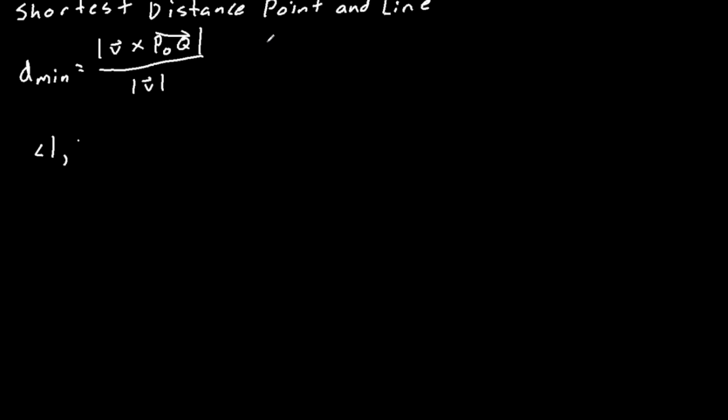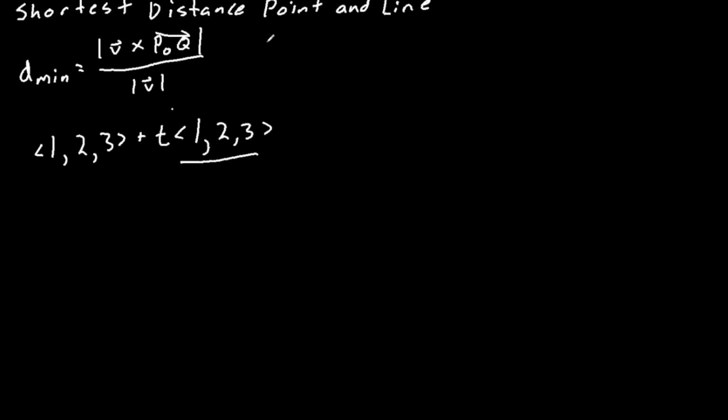And let's say we have some miscellaneous line (1, 2, 3) plus t of (1, 2, 3). V for this equation is the vector that is parallel to the line, which is this one right here. P null is any point that is on the line.